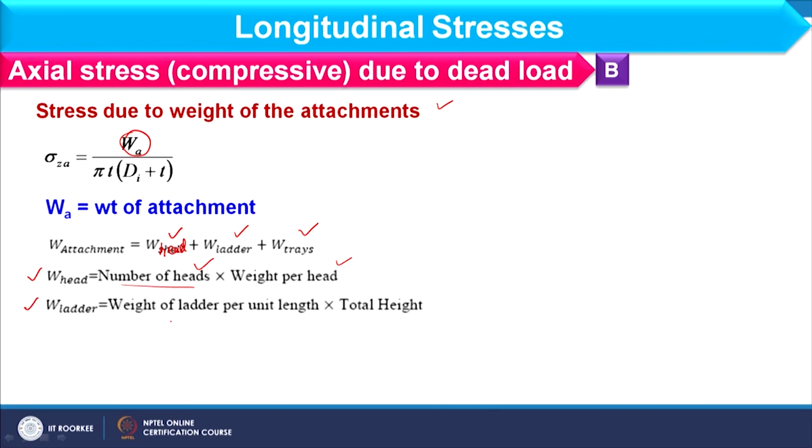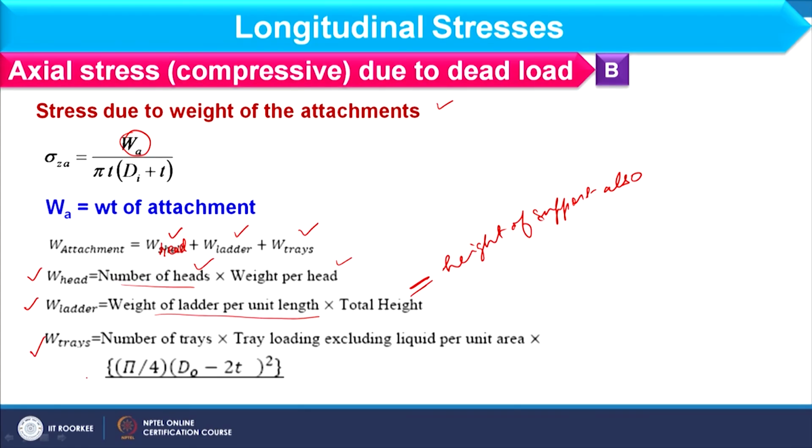Weight of ladder per unit length into total height, and in this case this height will include the height of support also. Okay, because when we place the ladder it should start from the ground. Okay.